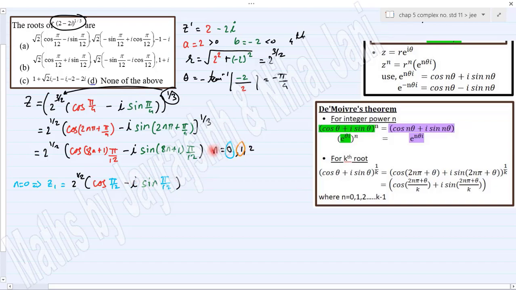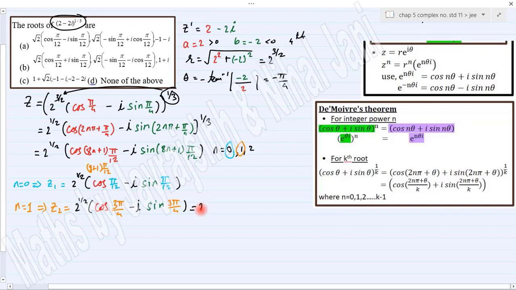Now for n equal to 1, your second root will be 2 raised to 1 by 2 cos of 8 plus 1 pi by 12, or we can say 9 pi by 12, which can be simplified as 3 pi by 4, minus i times sin 3 pi by 4.